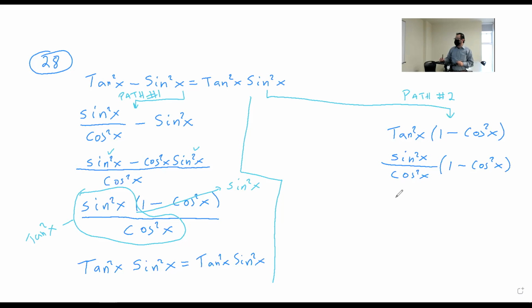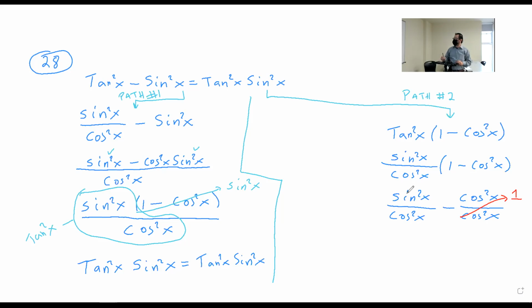Multiplying these, we're going to have sine squared of x divided by cosine squared of x minus cosine squared of x divided by cosine squared of x. These two are going to eliminate. Well, I don't know. Wait a minute.